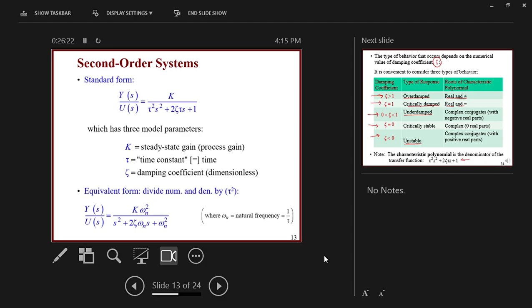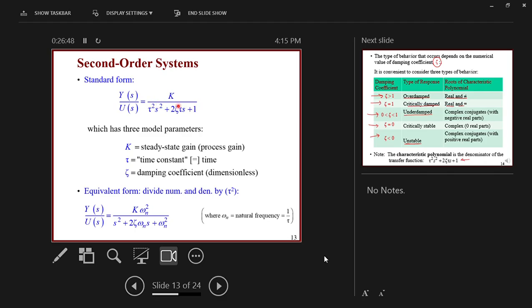Another common system is the second order system, where we have the standard form of a quadratic polynomial in the denominator. And if you remember, we took this before in the case of two connected tanks, the interacting and the non-interacting way of connecting the tanks.